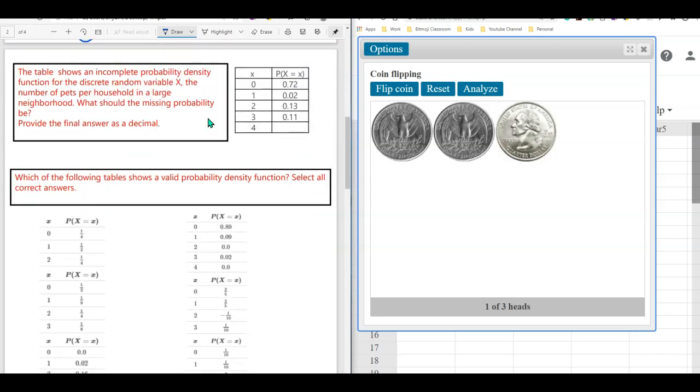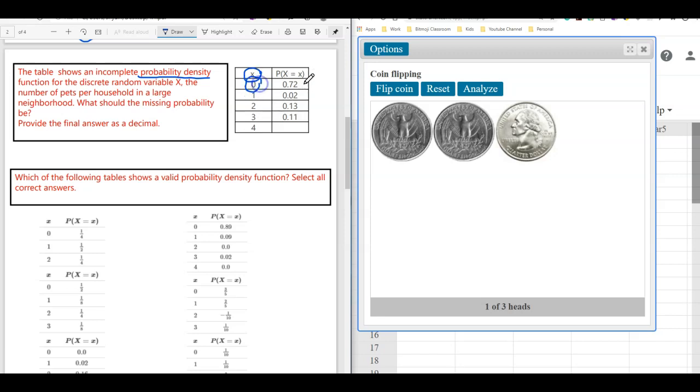The table shows an incomplete probability density function for a discrete random variable x. So this is my discrete random variable x, and this is giving me the number of pets per household in a large neighborhood. So somebody went ahead and surveyed everybody, and this is the probability of having 0 pets.